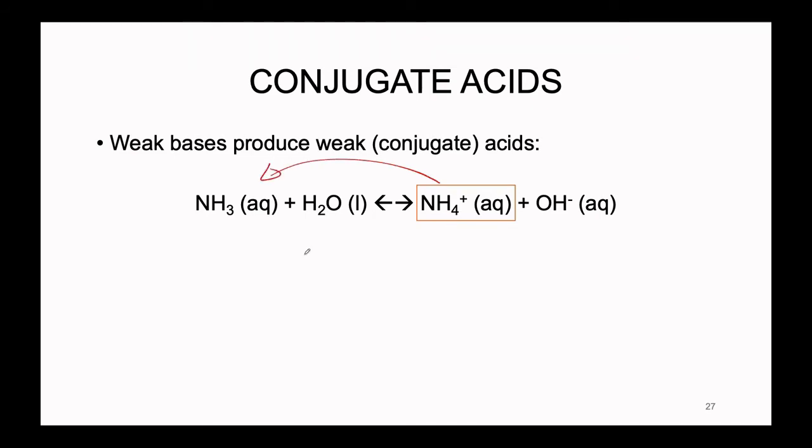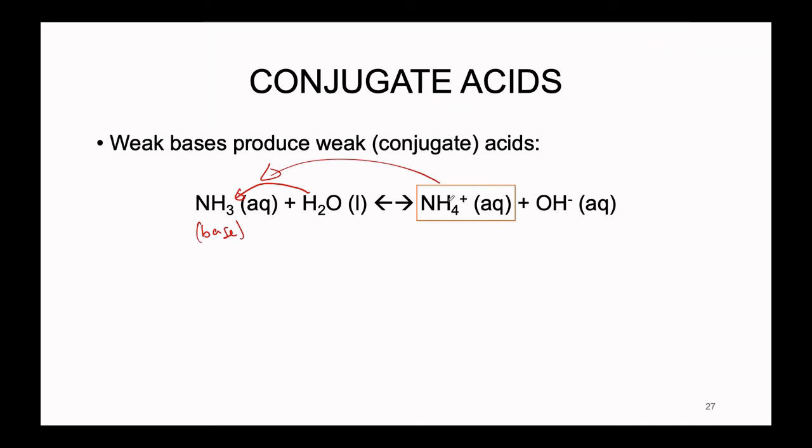So in this hypothetical example, we have ammonia. This ammonia is going to interact with the water, and our ammonia is going to behave as a base. It is going to accept an H plus from the water, which is exactly what we see on the product side. An H plus has left the water, has moved onto the ammonia, giving us the ammonium ion, this NH4 plus, and this leaves us with hydroxide left over.